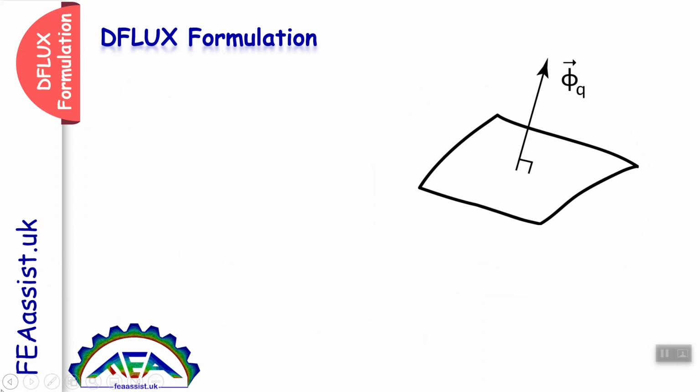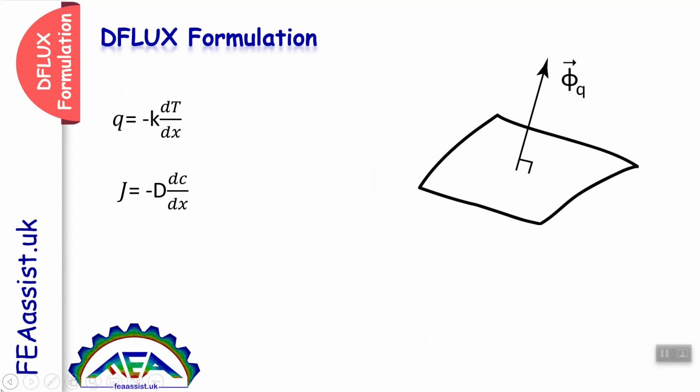Dflux formulation. Before going to the details of the formulation, you need to understand flux. What is flux? In heat transfer problems, flux is the amount of heat, the amount of energy, transferring through a unit of area in a unit of time, which is a function of the derivative of temperature with respect to x in one-dimensional problems.